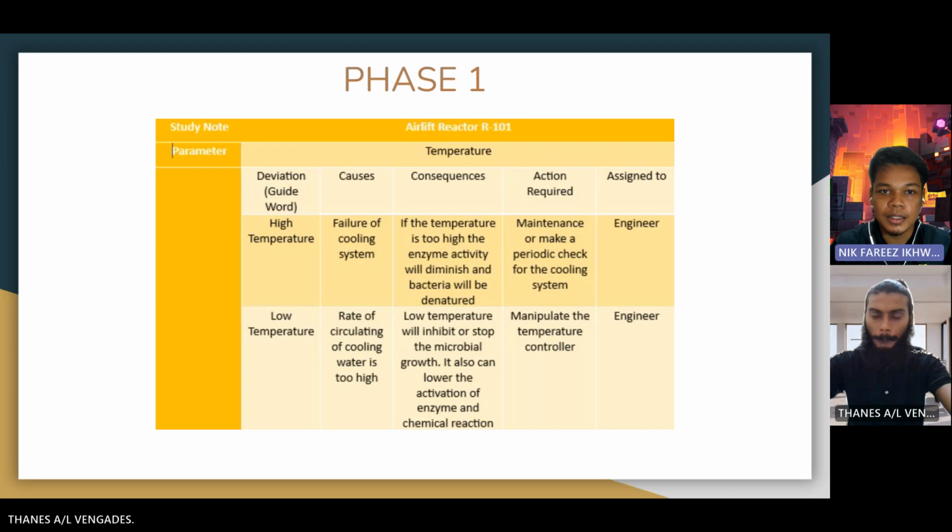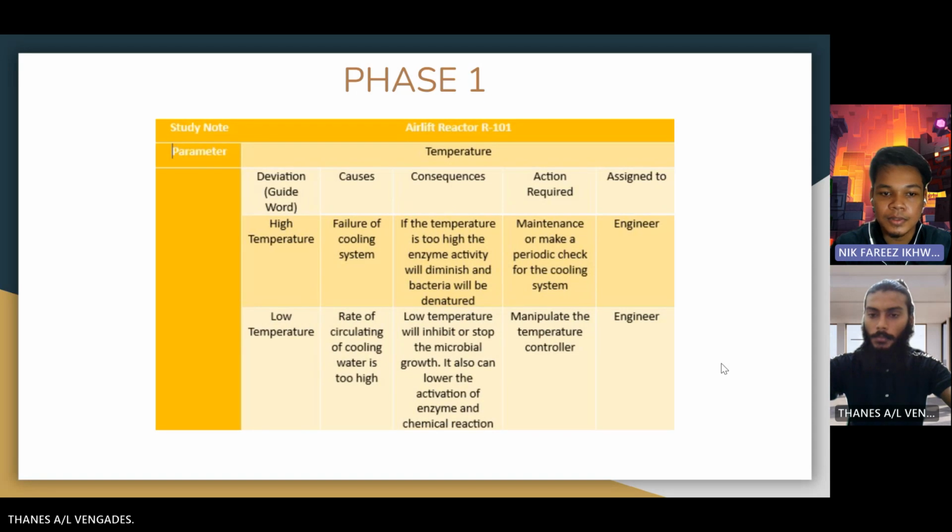Alright, so next we see the example. This is the hazard table for our case study, where the parameter we take is temperature, and the temperature only has two divisions or guide words, which are high temperature and low temperature.